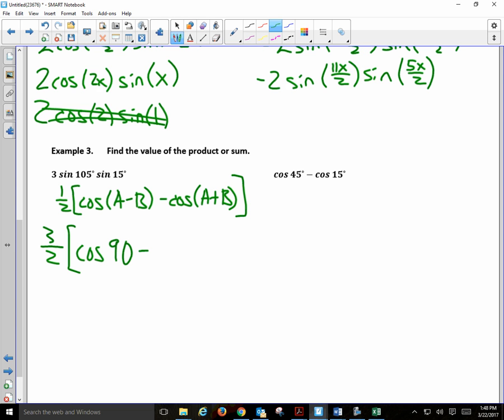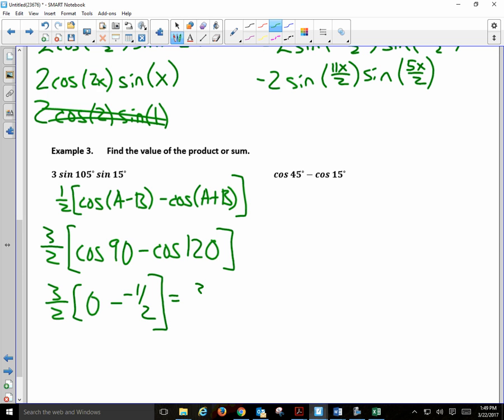I got A plus B, 120. Negative 1/2. Booyah.